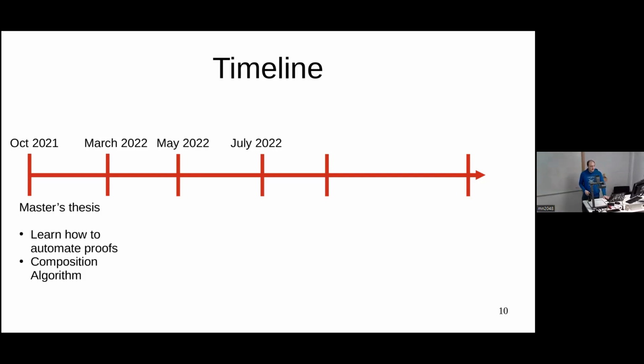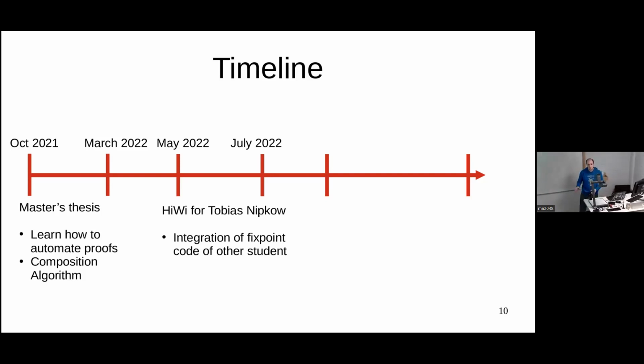From May to July, I was part of Tobias Nipkow's chair at the TU of Munich, where I integrated existing code from another master's thesis that implements basically the datatype construction, and I implemented the recursor, which is a fold on the datatype. So my code will give you a fold on your syntax that automatically renames the variables out of the way.